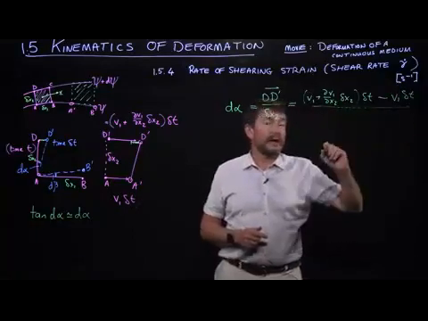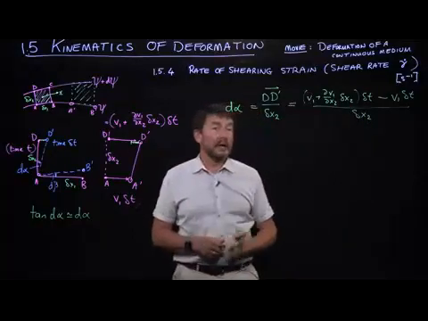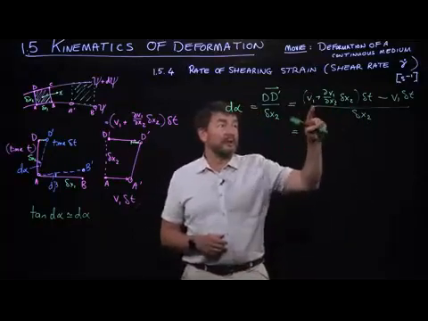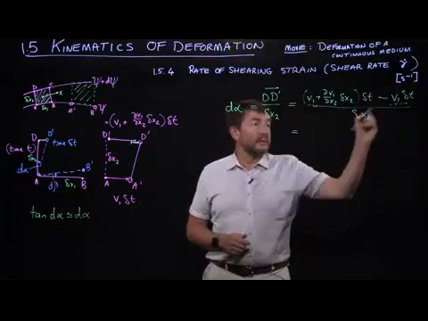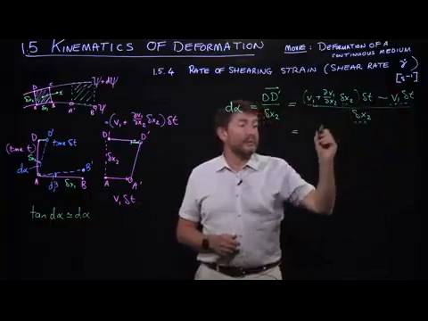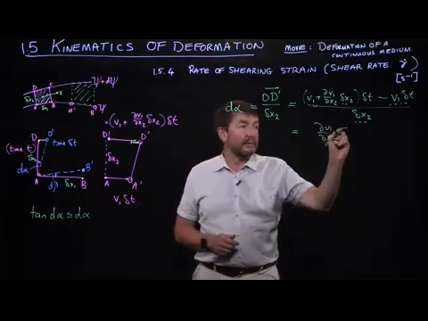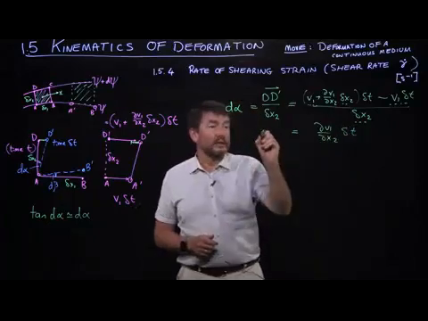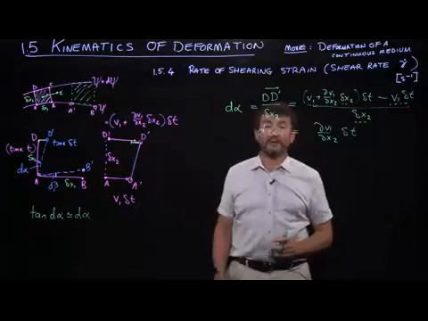And then we'll divide that by our original distance del x2. And that will give us an expression where we can see that these terms cancel. This will cancel with this, and so I'm left with dv1 by dx2 times the time step over which this happens, which is delta t.